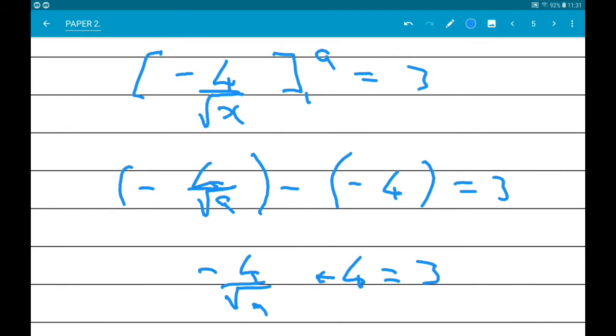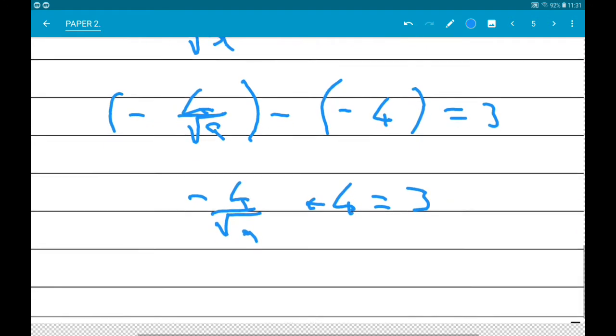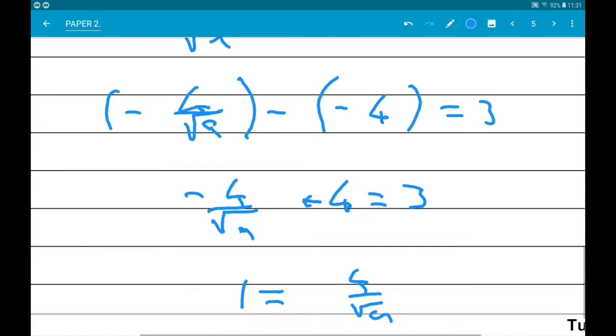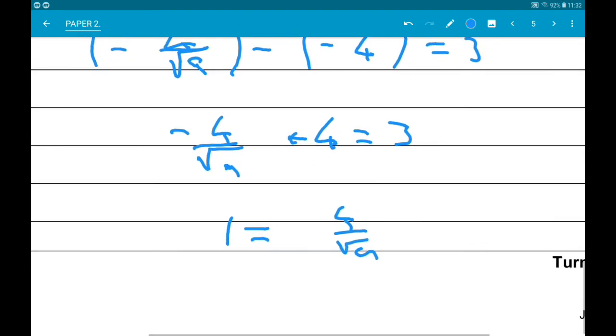So, rearrange this a bit and we get 1 is 4 over root a. So, root a is 4. So, finally, a is 16.